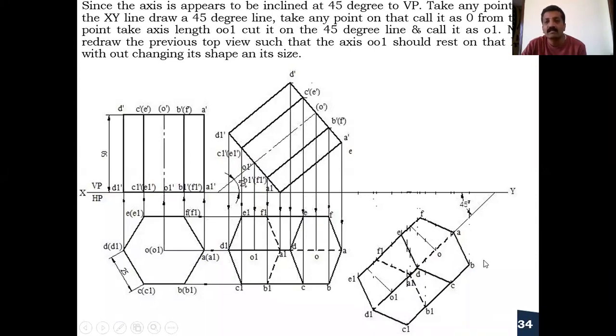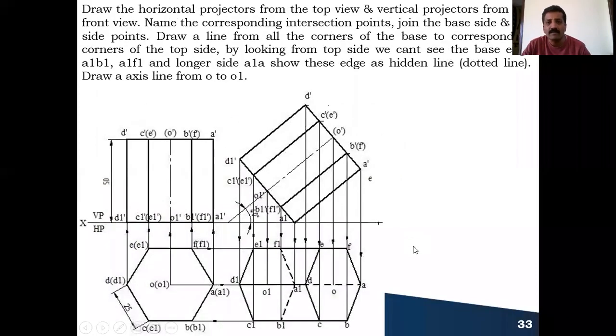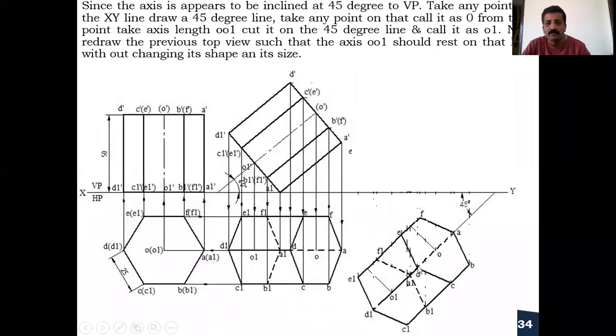So you cut it on either side of this perpendicular line, and you will get D and F. Similarly, from D take this distance and draw a perpendicular line, and on this perpendicular line you take the same distance, here to C and here to E. You can cut it on either side. Same procedure you have to follow.